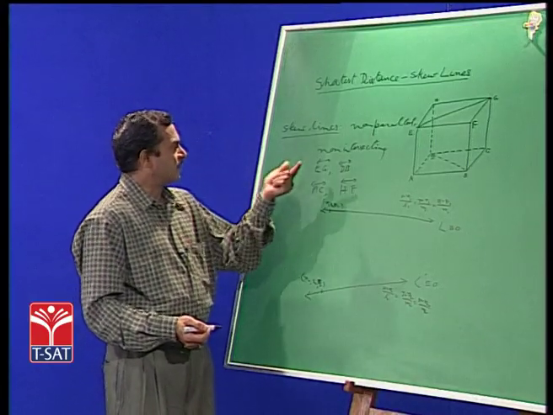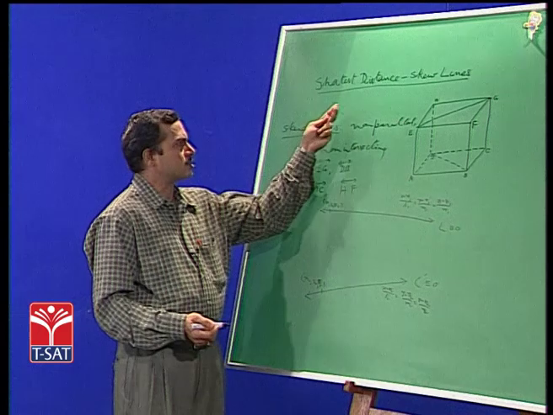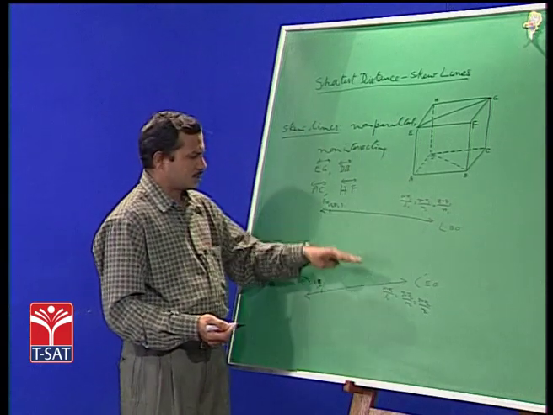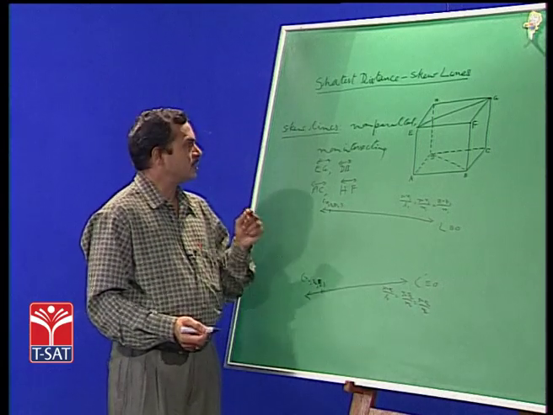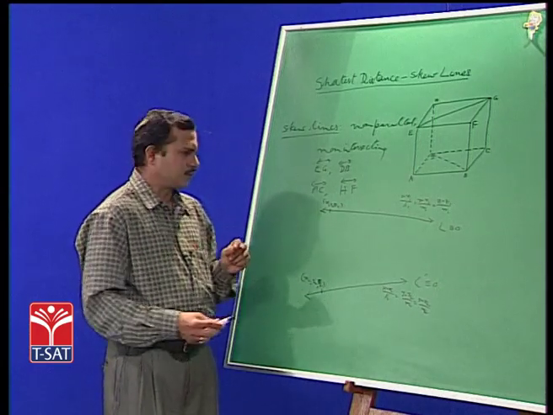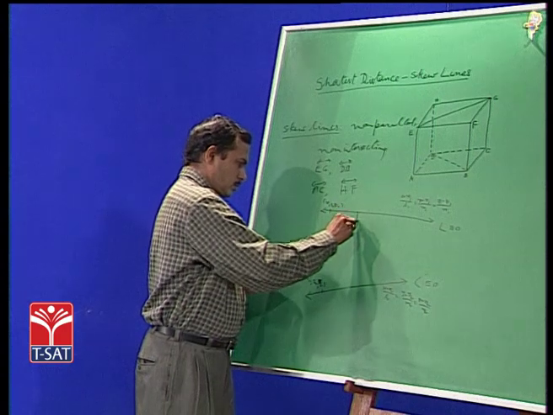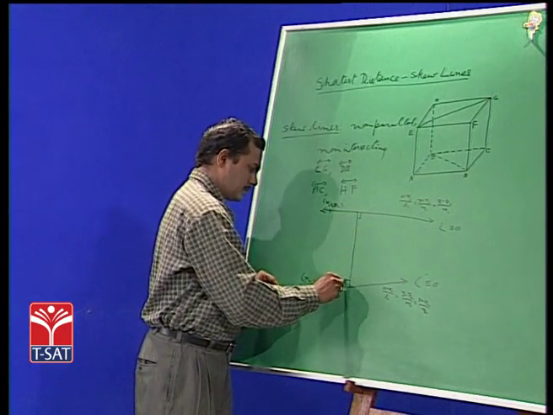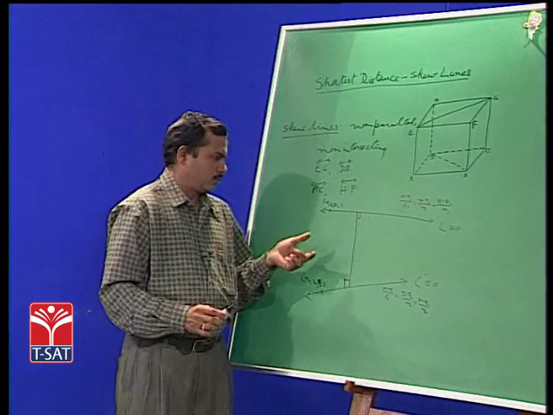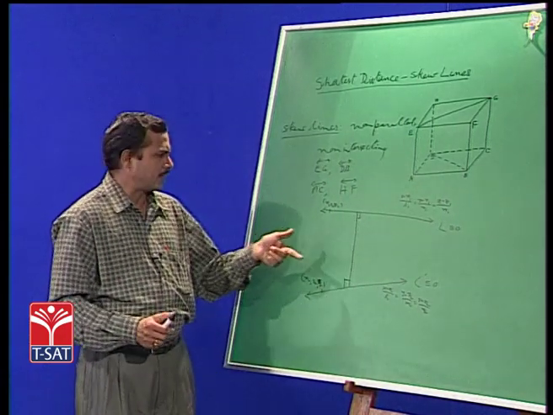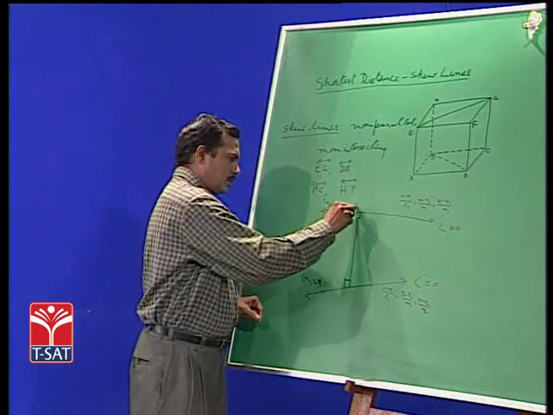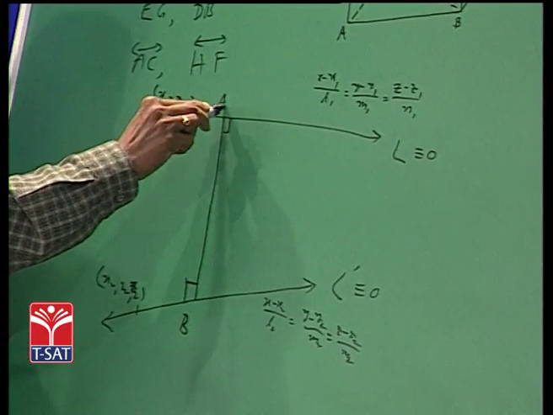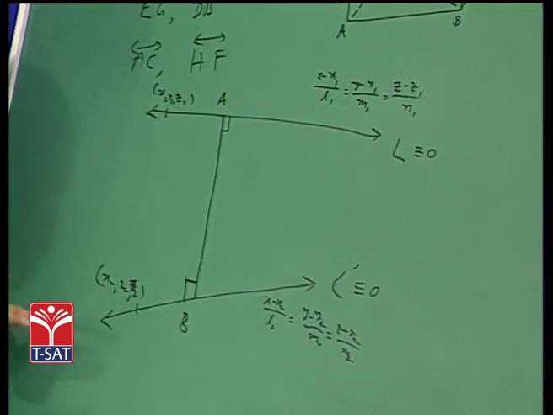Now let us define what is meant by shortest distance. Shortest distance of two skew lines is defined to be the length of the line segment which is perpendicular to both these lines. Let us say the line segment AB is perpendicular to both these skew lines.